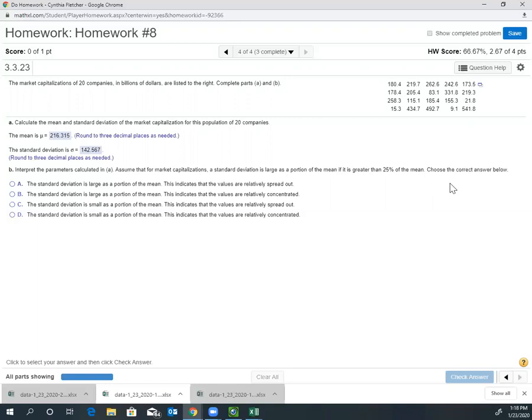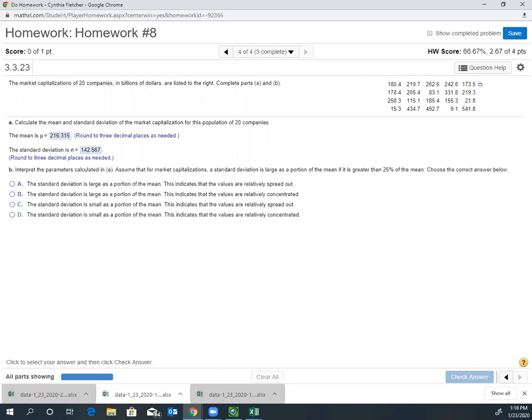You're going to take your standard deviation and divide it by your mean. My standard deviation was 142,567 over 216.